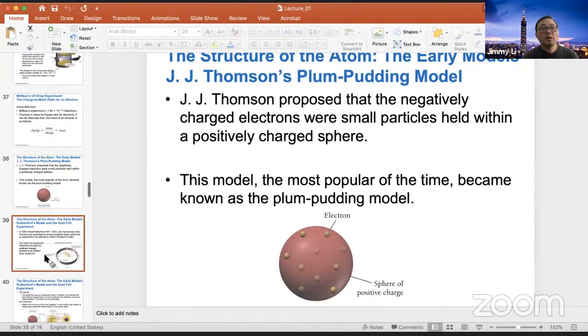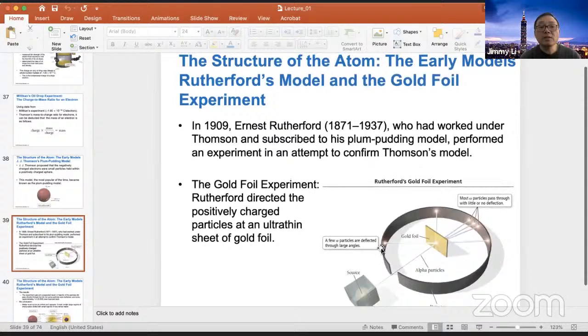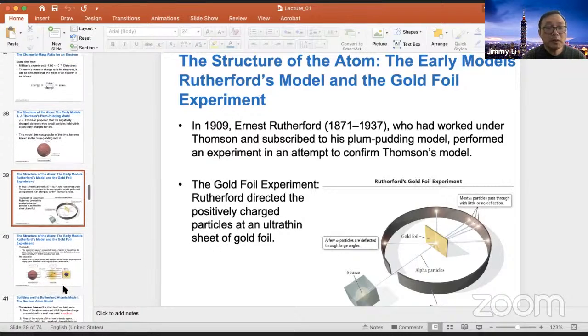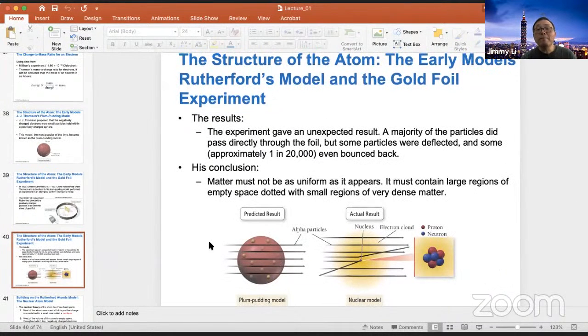Not until 1909, there's another scientist called Rutherford. Rutherford worked under Thomson. He performed an experiment called the gold foil experiment, and I just want to use this slide to show you a little bit.